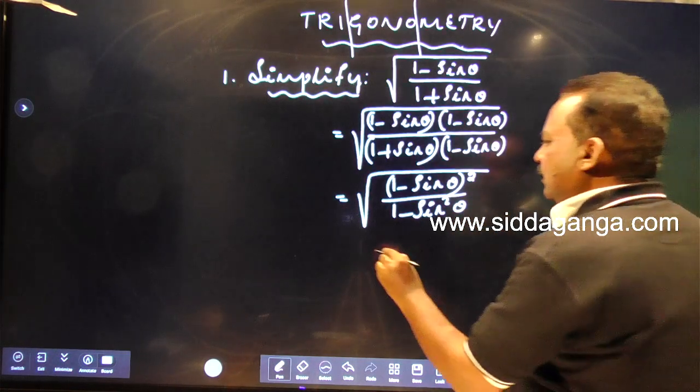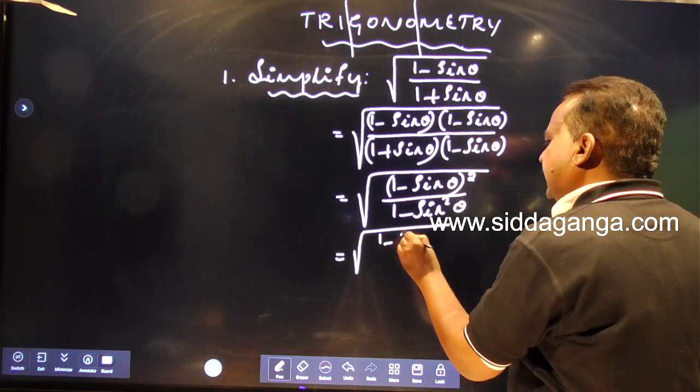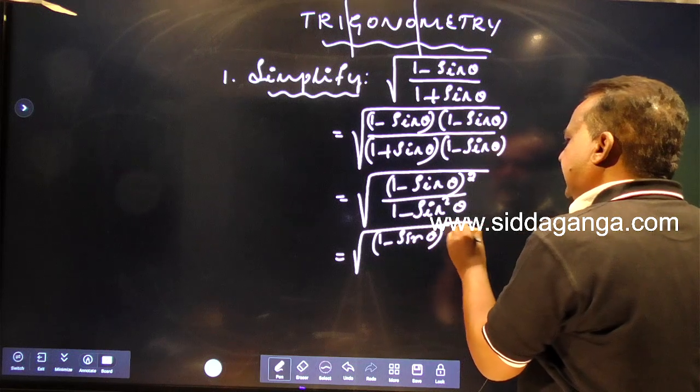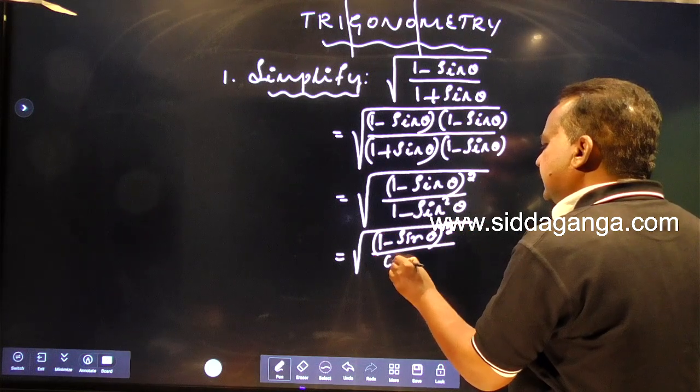Yes, square root of 1 minus sin theta whole square divide by 1 minus sin square theta is cos square theta.